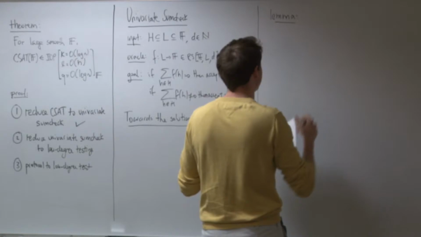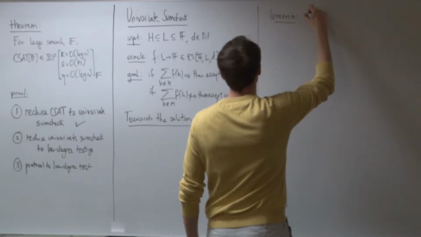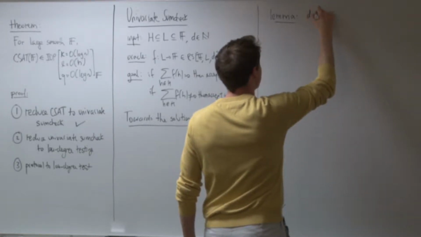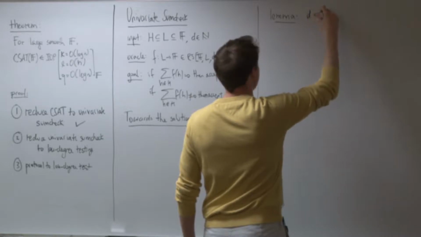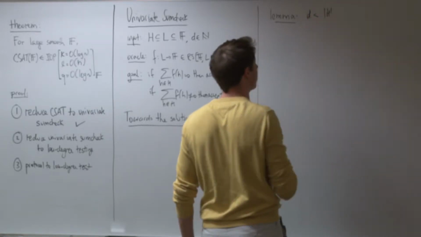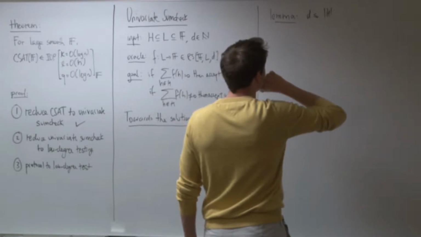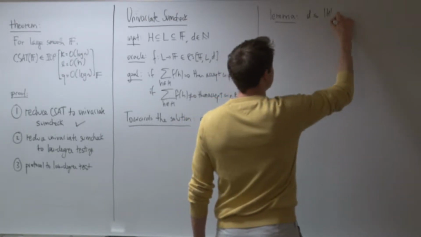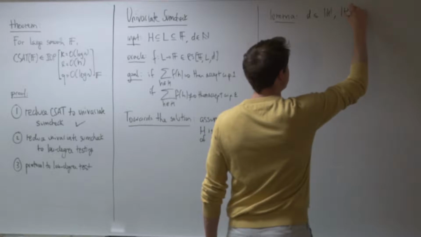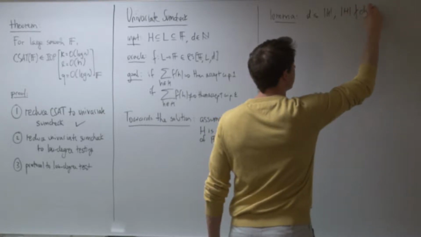So we're going to prove that, let's assume that the degree D is less than the size of H, or at most the size of H. And I'm also going to assume that the size of H does not divide the characteristic of the field.